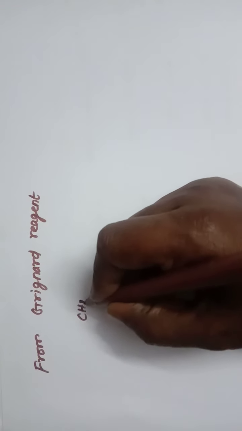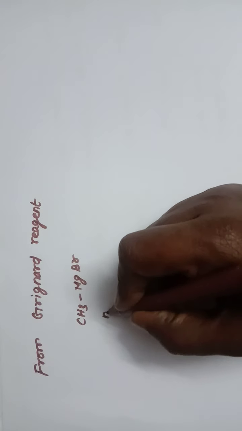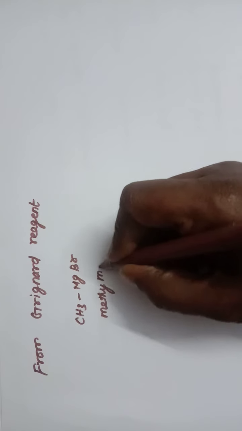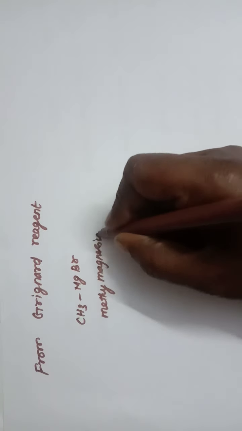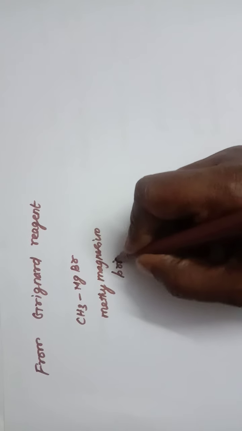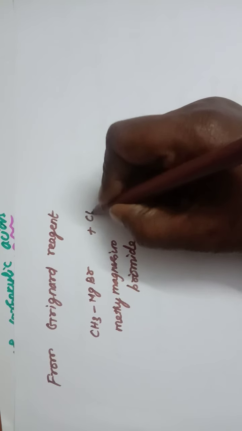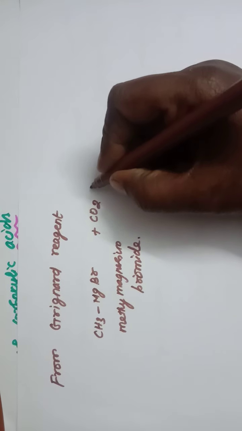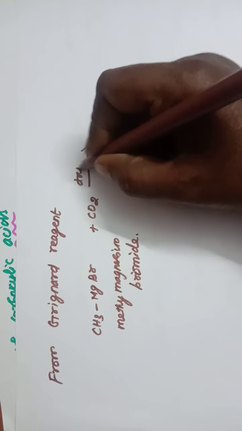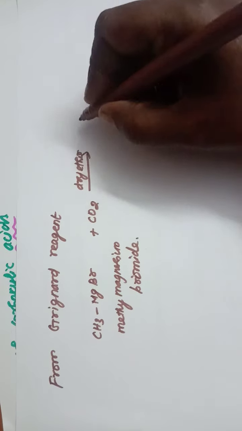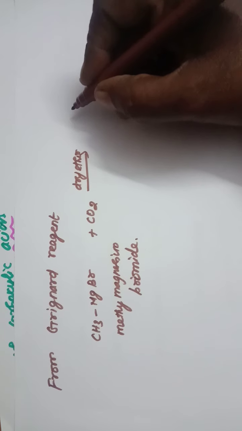Next method of preparation is from Grignard reagent. Grignard reagent CH3MgBr. This is methyl magnesium bromide. When this Grignard reagent reacts with carbon dioxide, CO2, in presence of dry ether, it forms a salt of carboxylic acid.